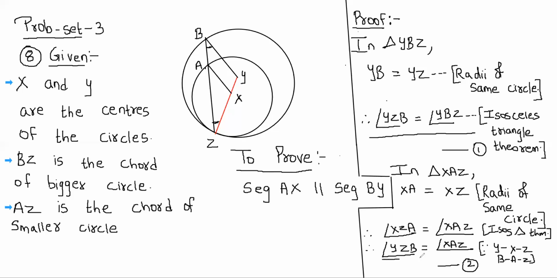Now we look at equation 1 and 2. In equations 1 and 2, YZB is the same, right? Therefore we are going to say angle YBZ is equal to XAZ. The next two angles are equal from equations 1 and 2.